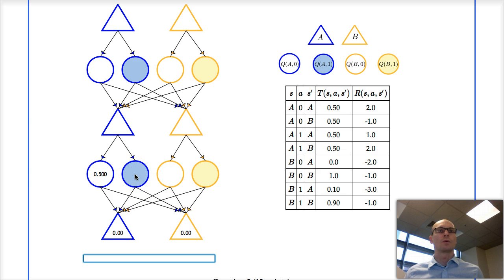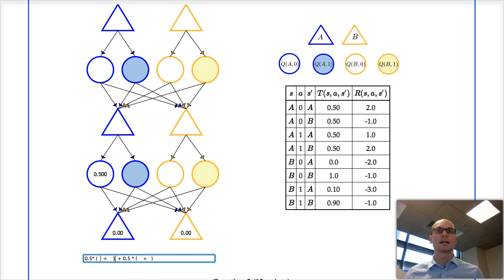Now here we're in state A, just took action 1. So we're working with this part of the table here. There's a 50% chance that we go to A and 50% chance that we go to B. So 0.5 times the reward for A plus the value we get at A, plus 0.5 times the reward we get for B plus the value we get at B. So what are the rewards and the value here?